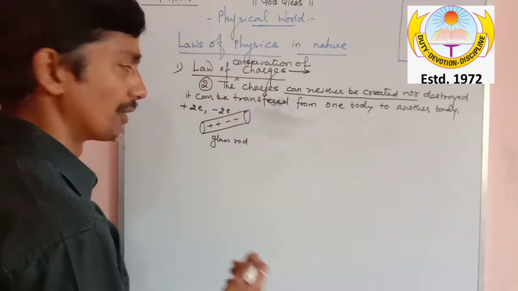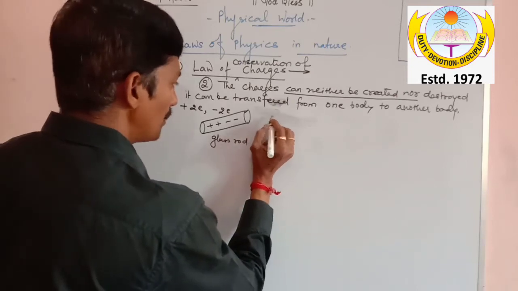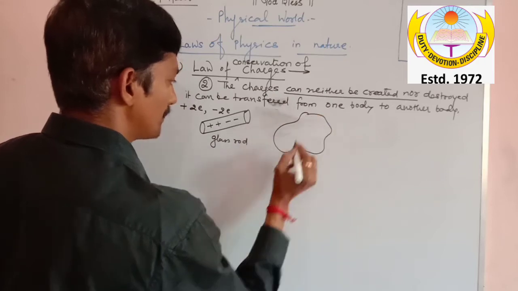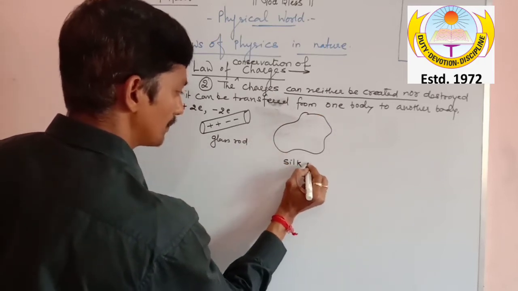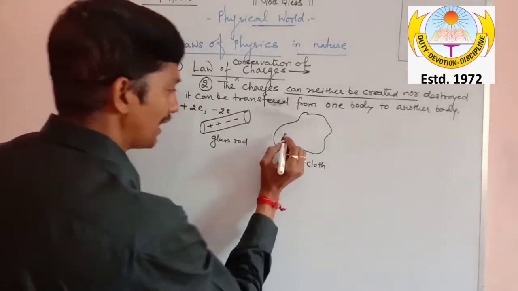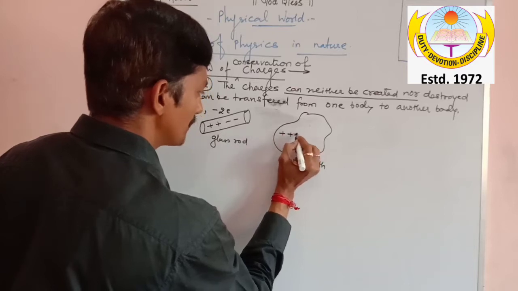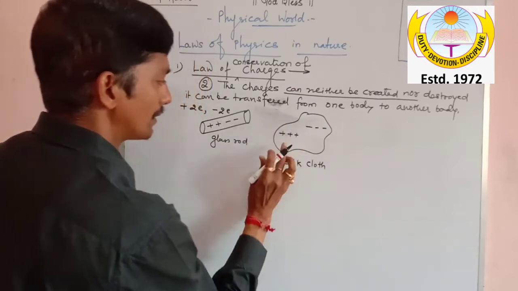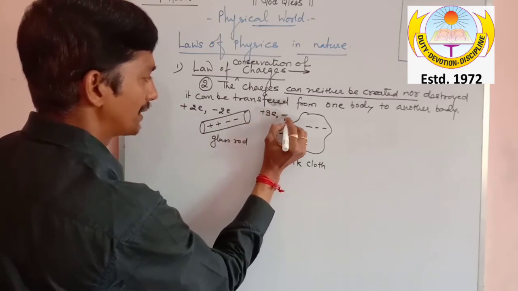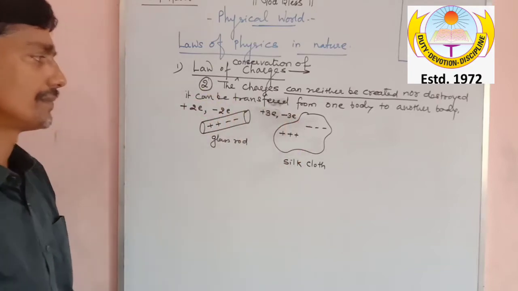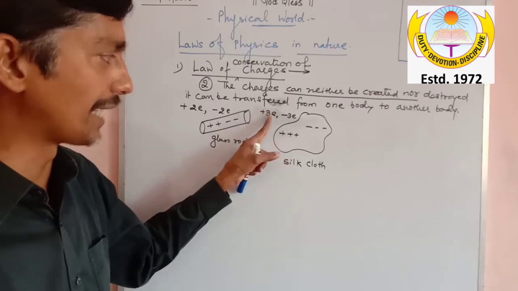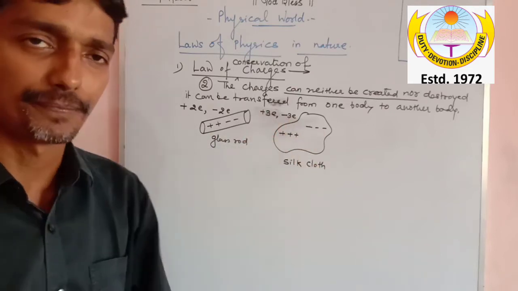Okay. Now let's go to the next step. Here I have taken a silk cloth. And let the silk cloth have 3 positive charges and 3 negative charges. You can see in my example: 1, 2, 3, 3 positive charges, 1, 2, 3, 3 negative charges.